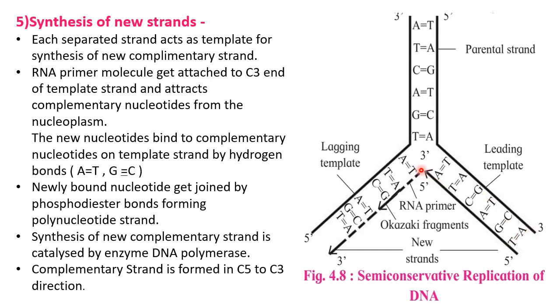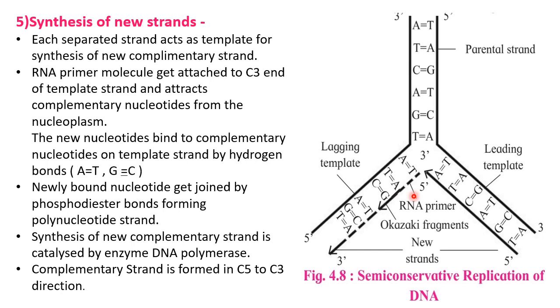Then here at the C3 end of this template, the RNA primer gets attached. And this RNA primer brings complementary nucleotides, meaning the nucleotides which are present in the nucleoplasm. It brings these complementary nucleotides from the nucleoplasm to the site of replication.